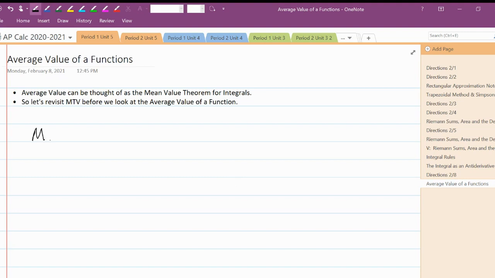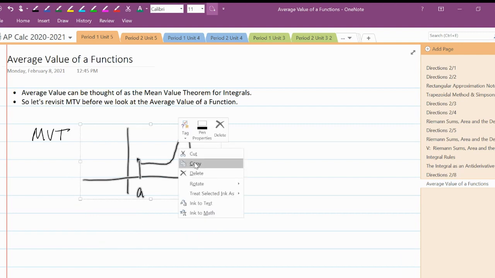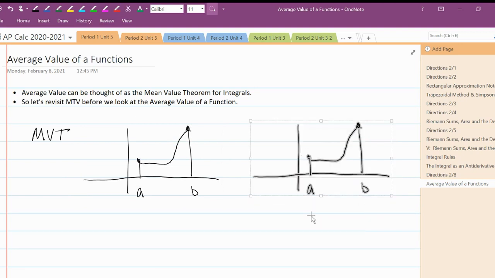So if we go back to MVT, and I think I'm going to copy this really quickly. So I'll have the exact same thing. All right, so we'll look at MVT. And it says if we are continuous, so here's my f of x.